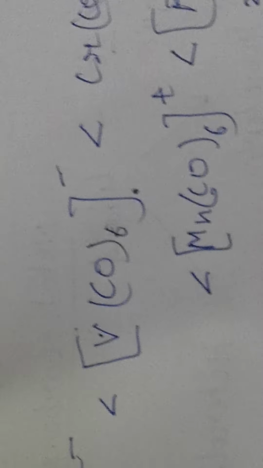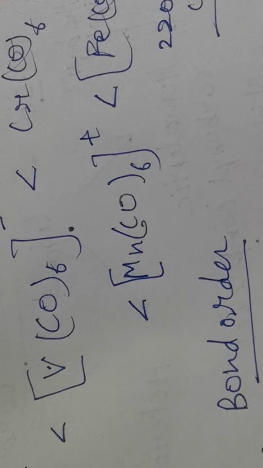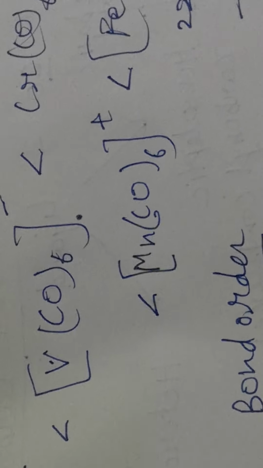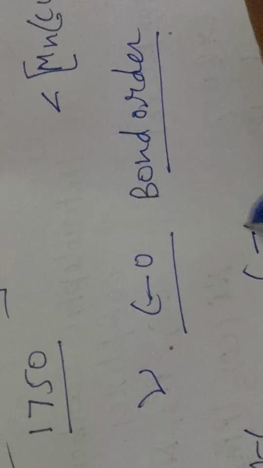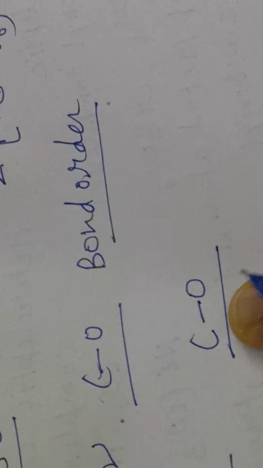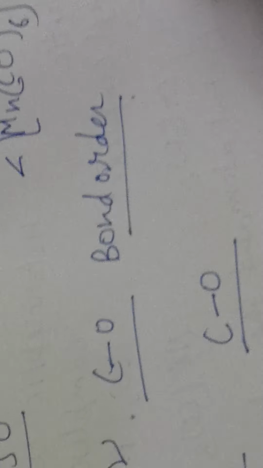So the carbon monoxide bond strength is increasing in this order, and the metal-to-carbon bond strength is decreasing in this order.